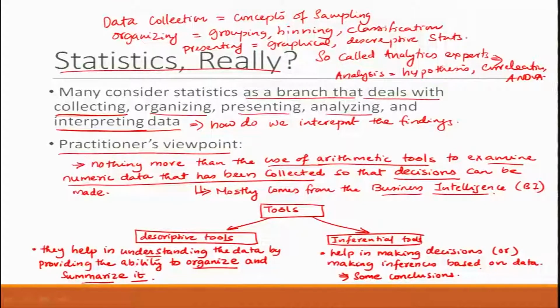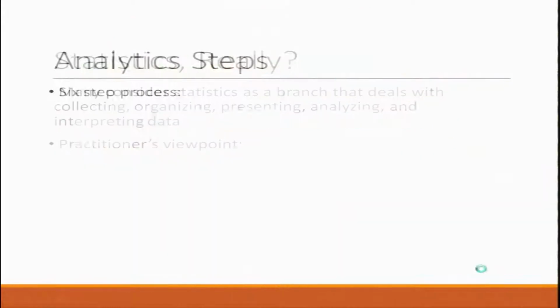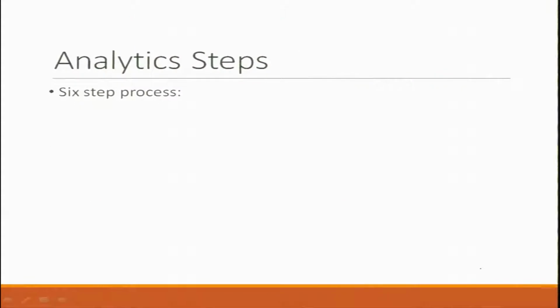Now, you can think about analytics as based on statistics. Since it is based on statistics, we can think about it as a 6-step process, because for practitioners we like to have a stepwise approach.